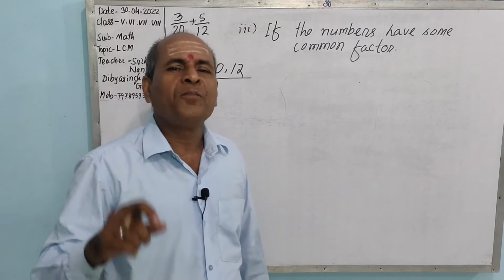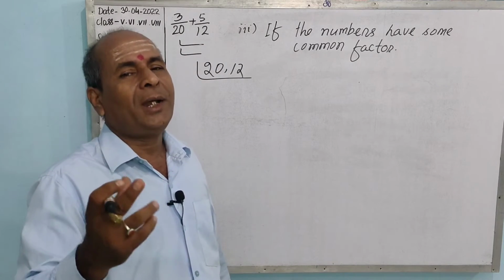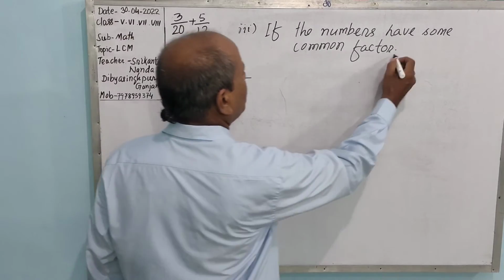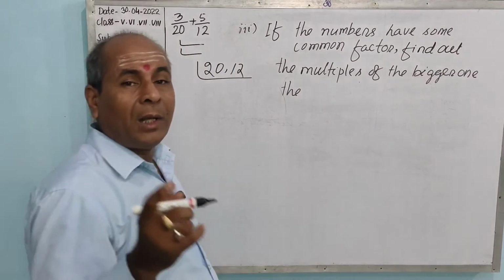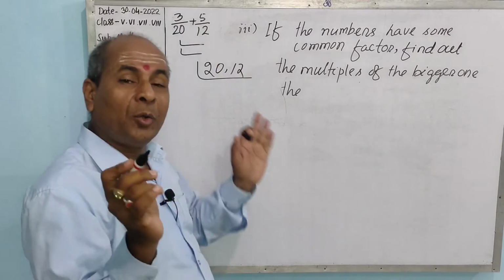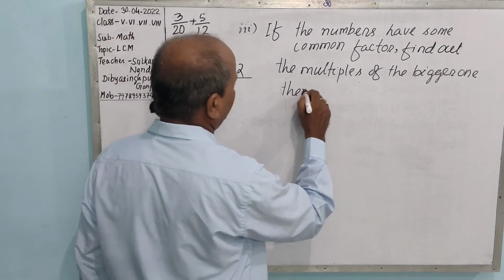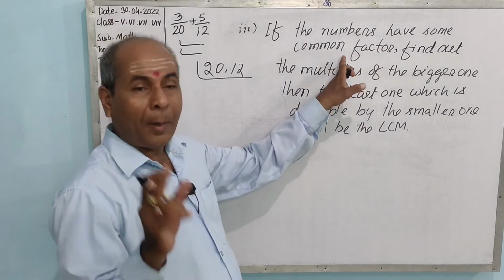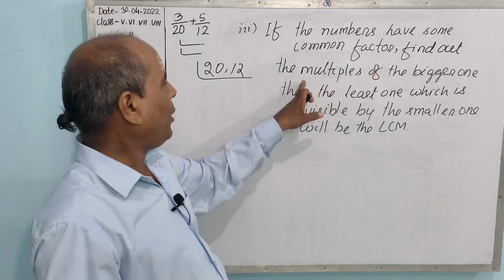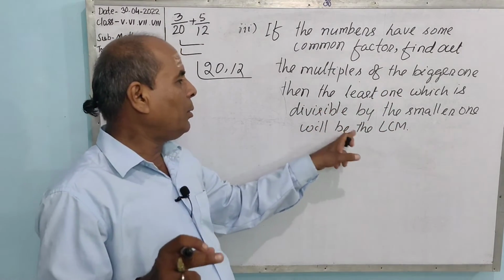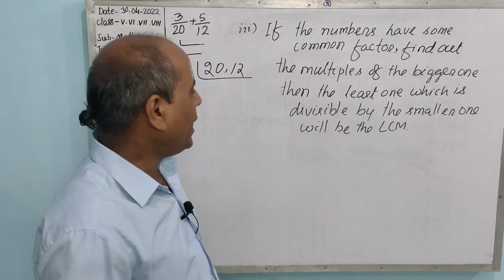Just calculate the multiples of the bigger one. Then the least one which is divisible by the smaller one would be the LCM. Read this process: if the numbers have some common factors, find the multiples of the bigger one. Then the least one which is divisible by the smaller one would be the LCM.